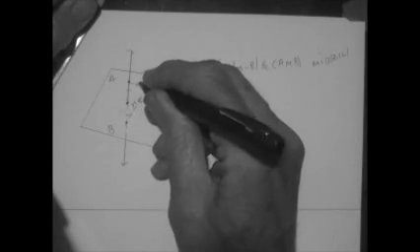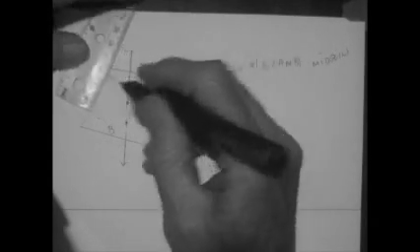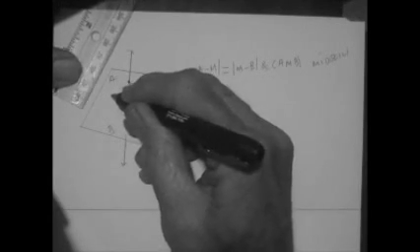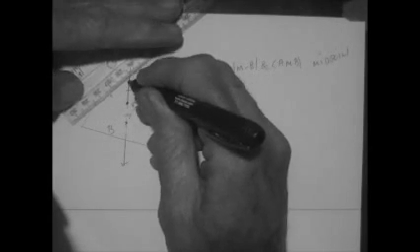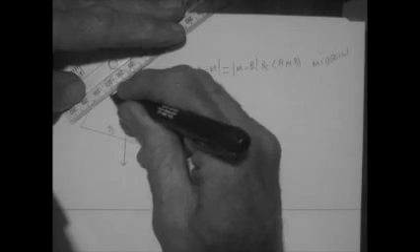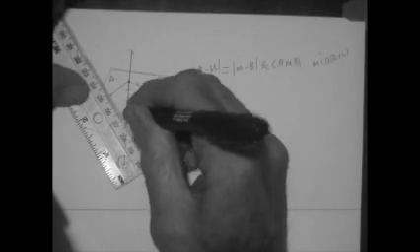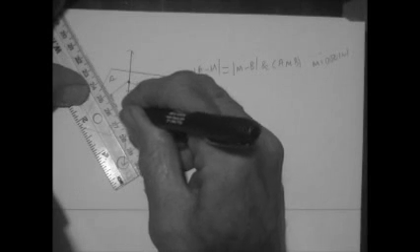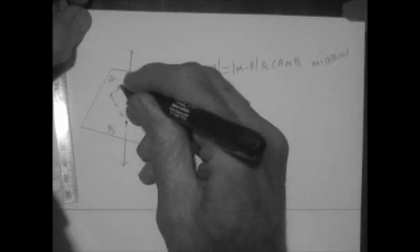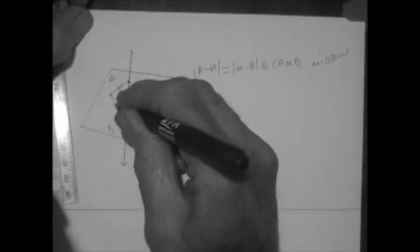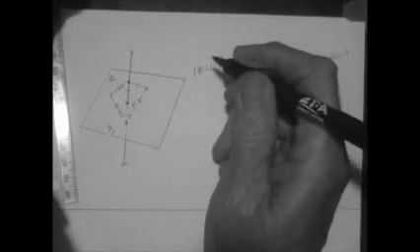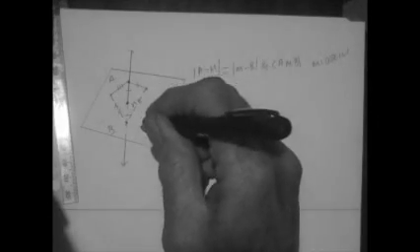You're going to have to use your imagination now. Let's pick another spot, say it's over here somewhere. The distance from here to here is going to be the same as the distance from here to here. And I can keep this up as long as I wish.